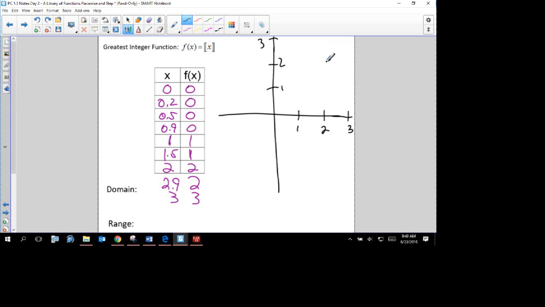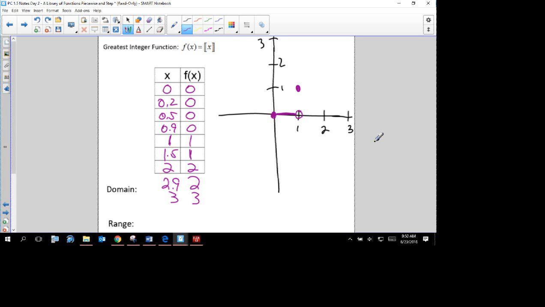Okay. So 0, 0 is definitely a point. So it's 0.2, 0. So it's 0.5, 0. So it's 0.9, 0. Anything up to 1 is going to have 0 for the answer. But then at 1, the graph goes, oh, that answer is 1. So we don't leave this hanging. We put an open dot that shows that it goes all the way up to 1, and then it jumps up.